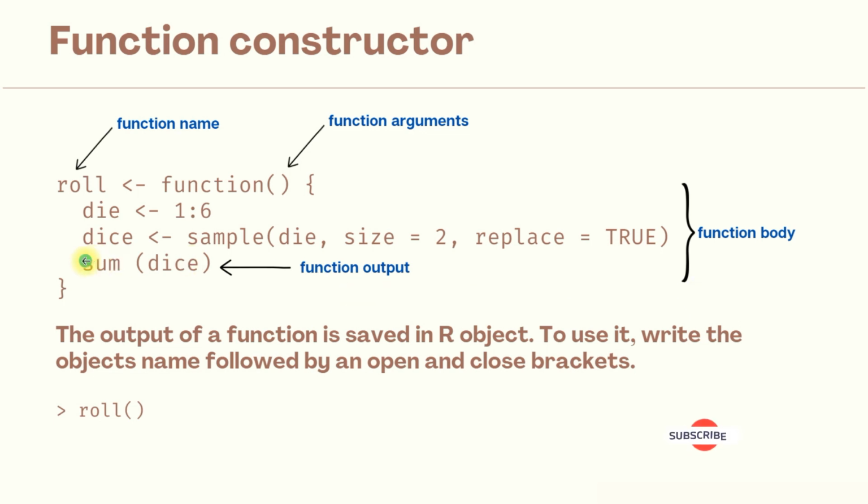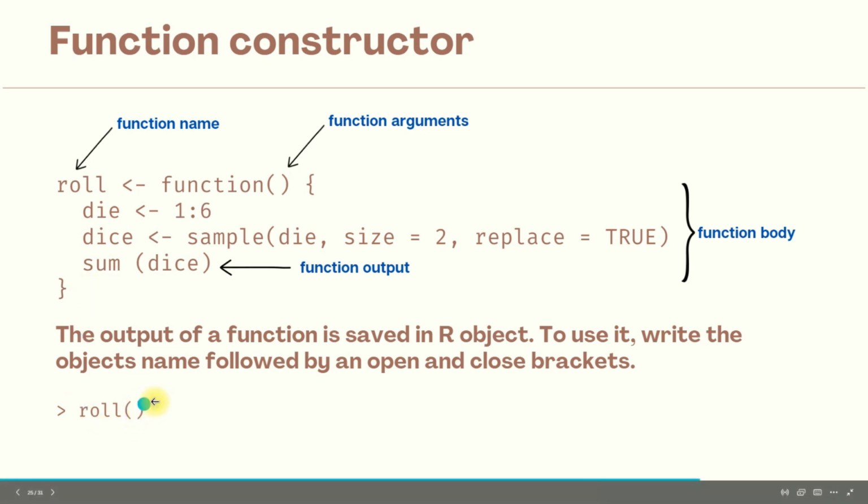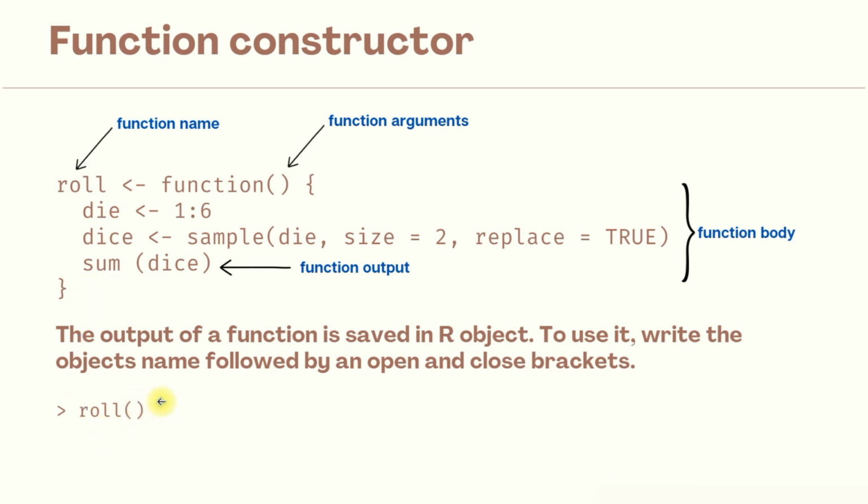Remember, each function will give you an output. In this case, the sum of the dice will be the output of the roll function. The output of a function is saved in an R object. If we want to call the function, we simply write the name of the object followed by parentheses. You can think of these parentheses as a trigger that causes R to run the function.